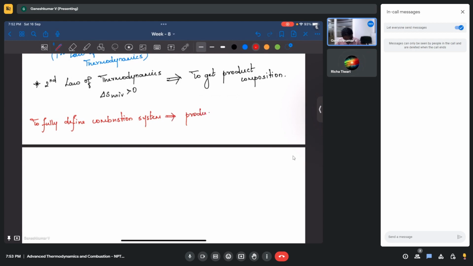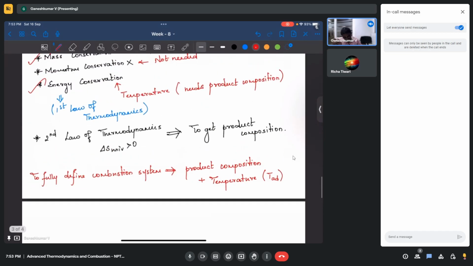Only if we know the reactants will we get the products. These are the two things you require in order to define a combustion system.